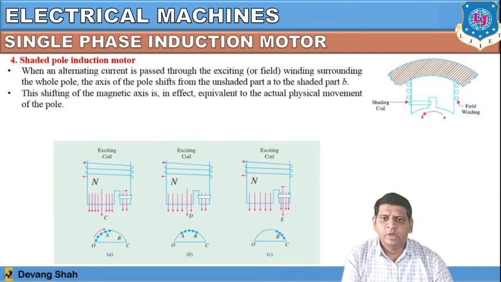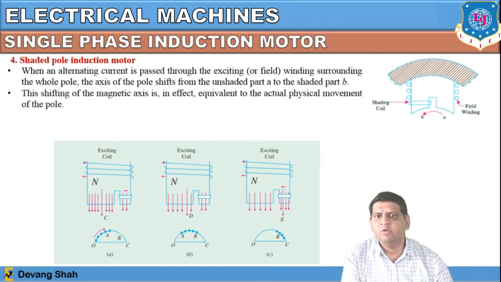So ultimately, you can check that throughout this operation there is a variation of the flux. There is a high value of flux, and later the flux is shifted towards the shaded part. This is the main objective of this shaded pole induction motor: because this flux is alternating, it provides the initial torque to the rotor.